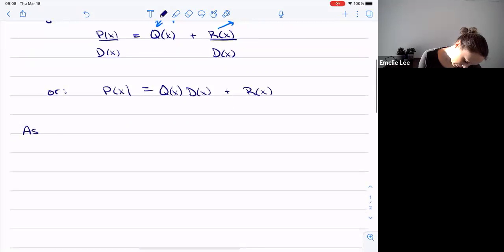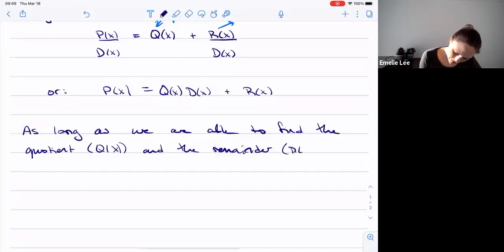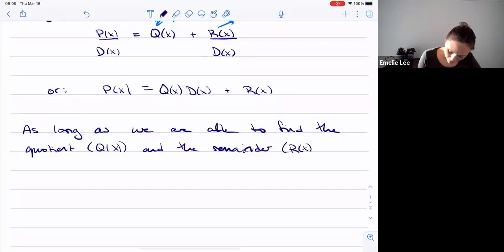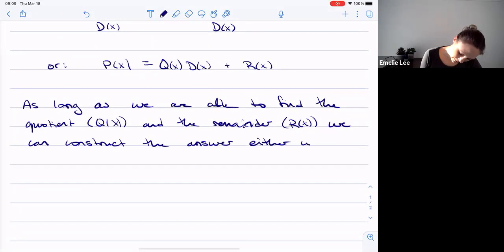So as long as we are able to find the quotient q of x and the remainder, r of x, we can construct the answer in either way.